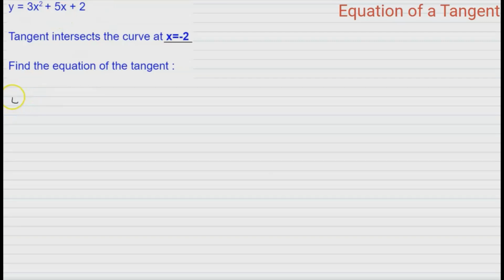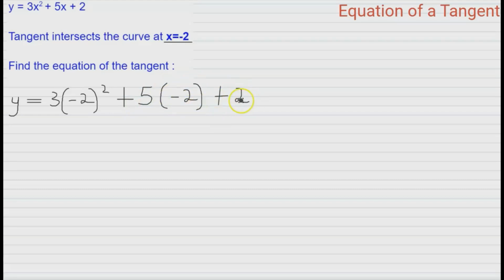So if I just write this down here, except I'll sub in for wherever there's an x, I'll put a minus 2. So 3 times minus 2 squared, add 5 times x, which is minus 2, and then you'd add a 2 at the end.